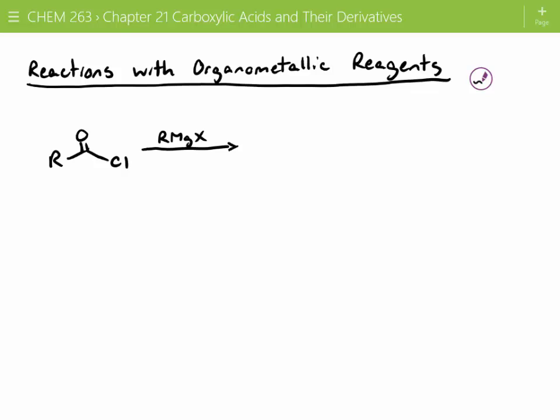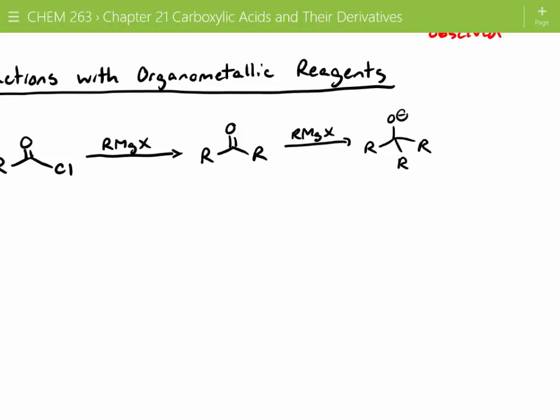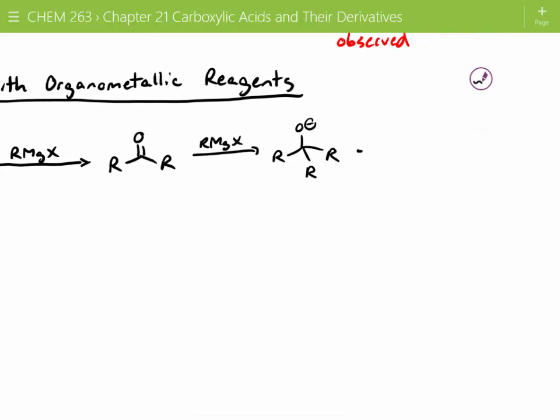So if we do this, typically what we see is we can add in one Grignard reagent. And it's very, very hard to stop at the ketone. The next thing that happens is a second equivalent of your Grignard will add in. And then last but not least, we can protonate it.